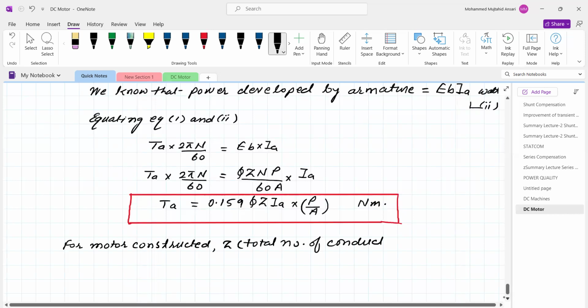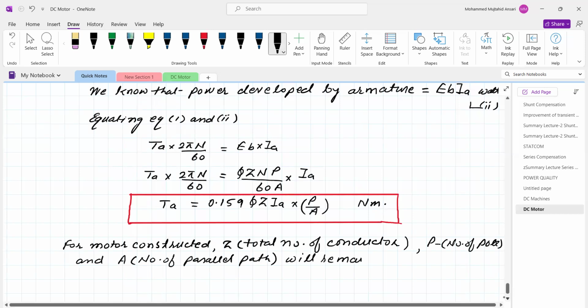For a motor constructed, Z, the total number of conductors on armature, P, the number of poles, and A, the number of parallel paths, will remain constant.